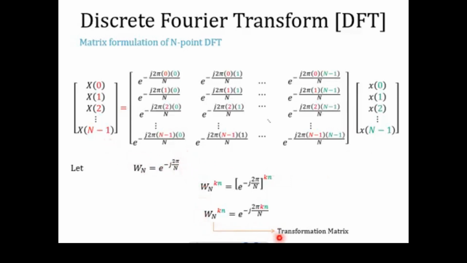That's why we are calling this matrix a transformation matrix. And the important thing about this transformation matrix is it is symmetric, which we will prove in later slides. So let's see how we can do it.